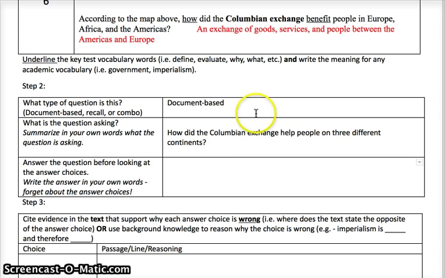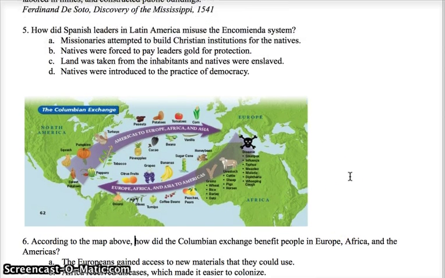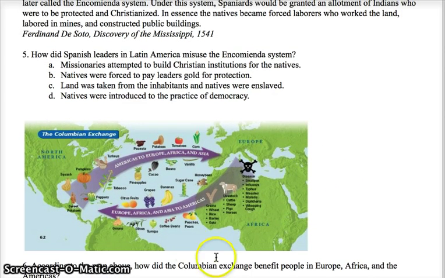Now before I look back at my answer choices, I'm actually going to answer the question. So how did the Columbian Exchange, this exchange of goods, services, and people between the Americas and Europe, how did it help people on 3 different continents? Well, let's go back to our map and take a look. So I see that it is moving pumpkins, turkeys, various crops to Europe.